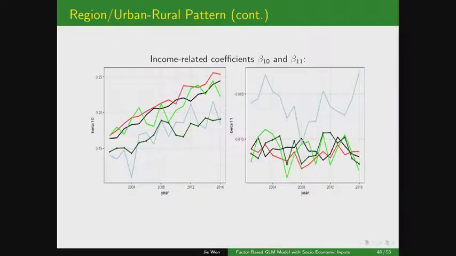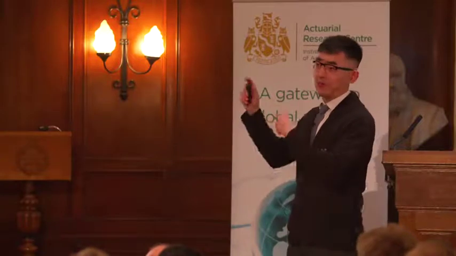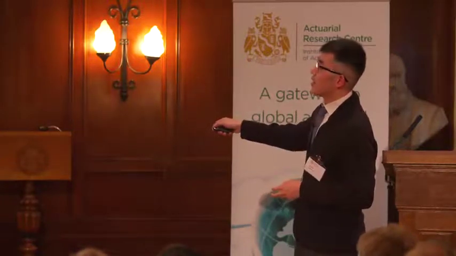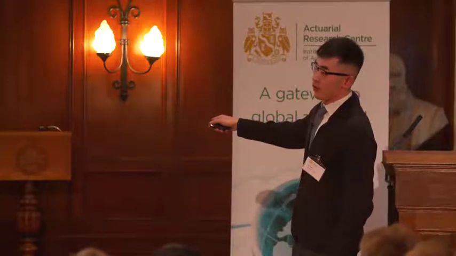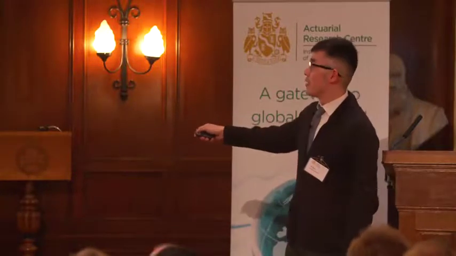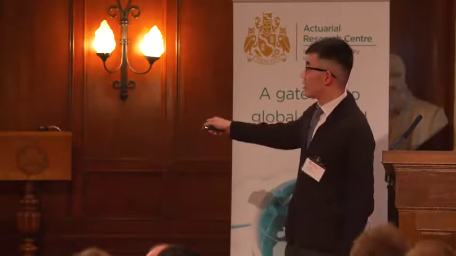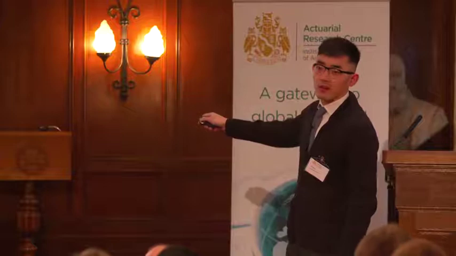And here are the estimated beta 10 and beta 11 associated with the income owed score. For beta 10, of course, they are increasing over time, which means the income-related factors are contributing to the inequality over RSOEs more and more over the most recent years. But London and urban-rural class 4, the least urbanized areas, have lower inequality contributed by the income factor compared to other classes.